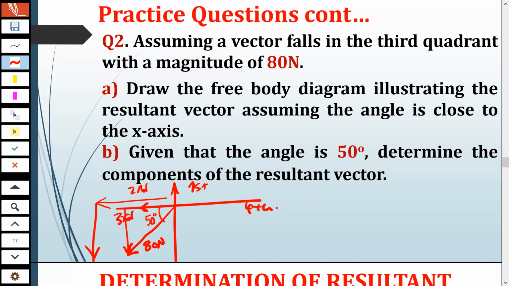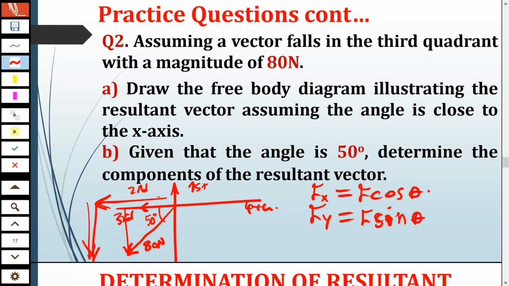The x is the adjacent, so the force in the x is going to be F cos theta, because it's the adjacent. And the force in the y is going to be F sine theta, because it's the opposite. And because they are all moving towards the negative, this one is in the negative x, this one is in the negative y, so we're going to put negatives in front.